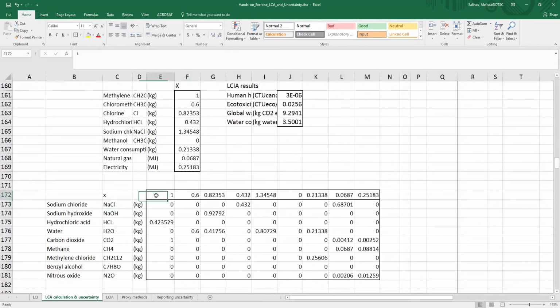What I just did here is put the X value, which is the total amount of inputs needed to produce 1 unit of methylene chloride, and multiply this one to the entire matrix. If you look at the equation here, in order to produce 1 kilogram of methylene chloride, we know how much environmental emissions it will generate, and we multiply that to this B matrix, and it will come up with this.